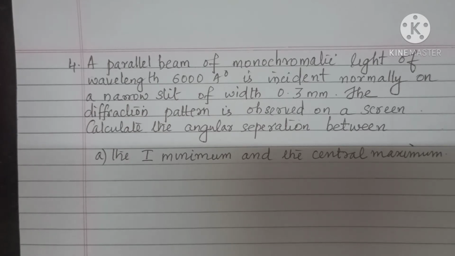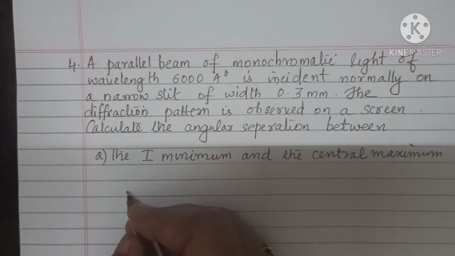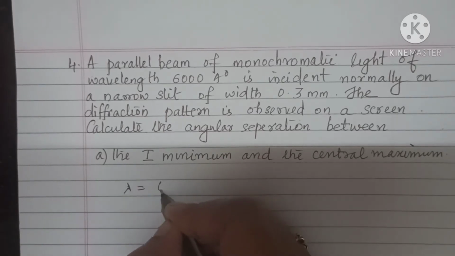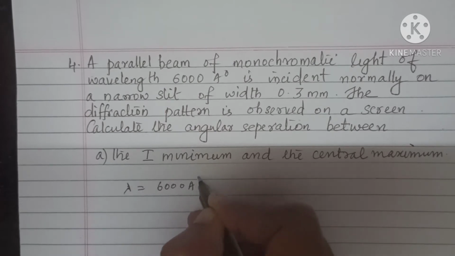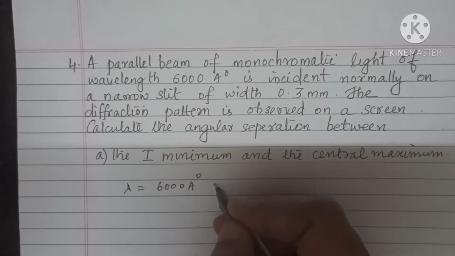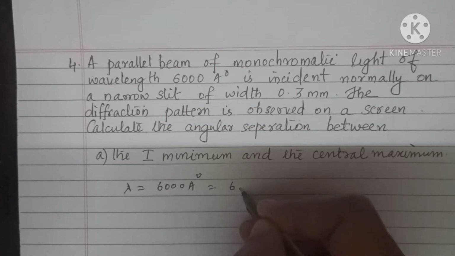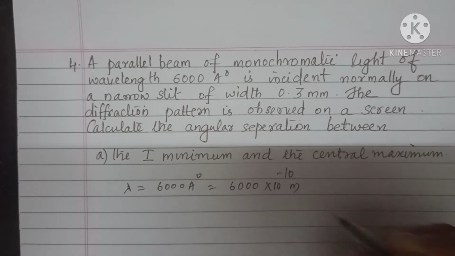Okay, so here you have monochromatic light of wavelength 6000 angstrom. So first you can write the data, that is lambda is equal to 6000 angstrom. You can convert it into meters, that is 6000 into 10 raised to minus 10 meters.